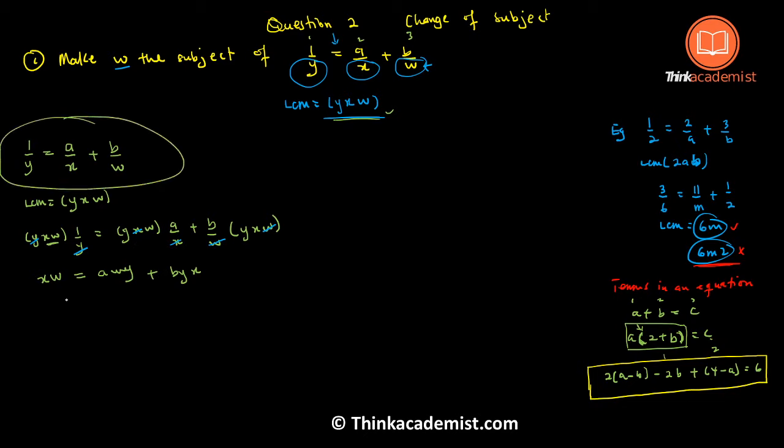Now, let me rewrite this so that it doesn't look confusing. Now they are saying that we should make W the subject. But we have a situation here. When you look at this closely, you realize that we have W here and then we have W here.